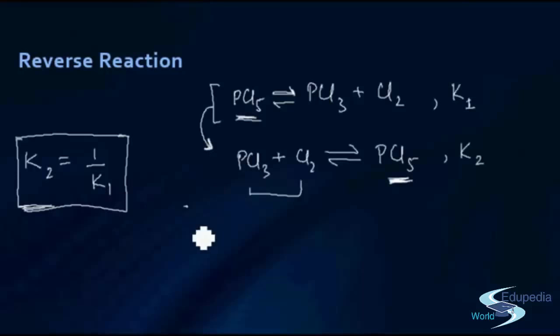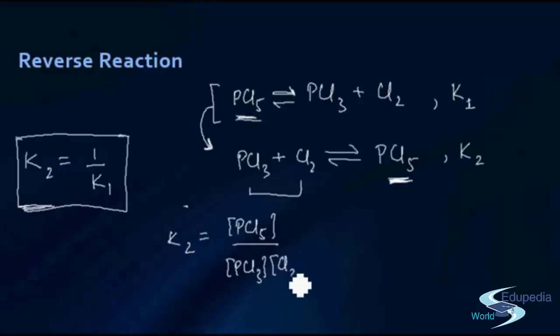So why is it that you have to take the reciprocal of the equilibrium constant? It is because K2 is the concentration of PCl5 divided by the concentration of PCl3 and the concentration of Cl2.